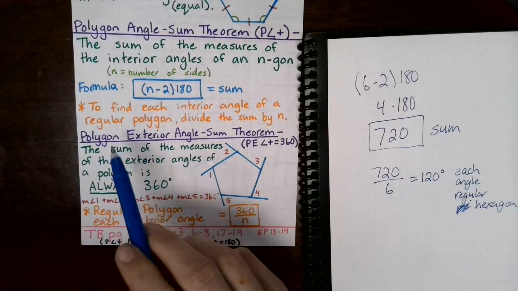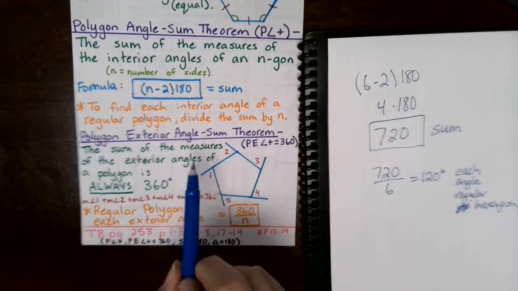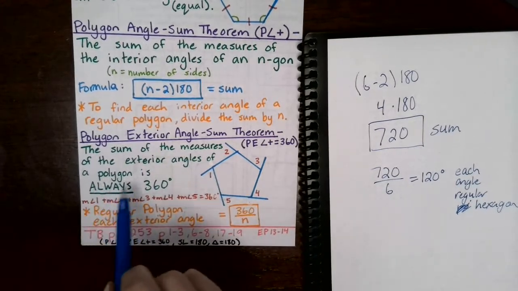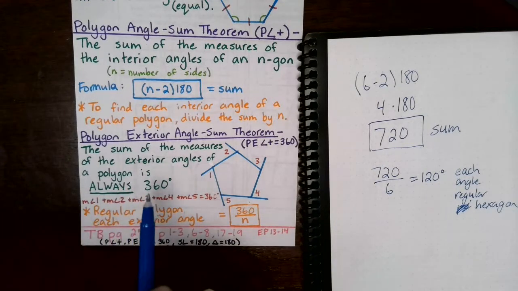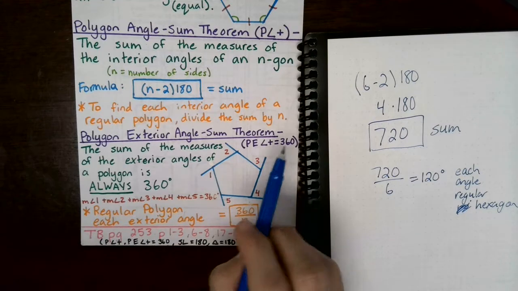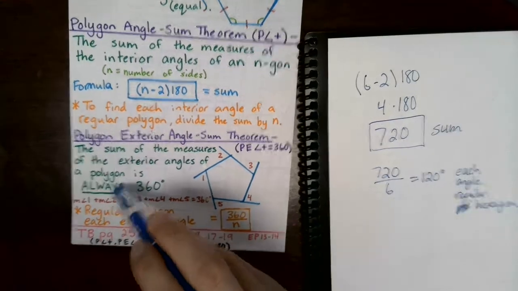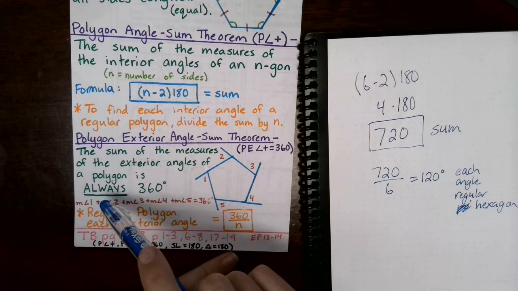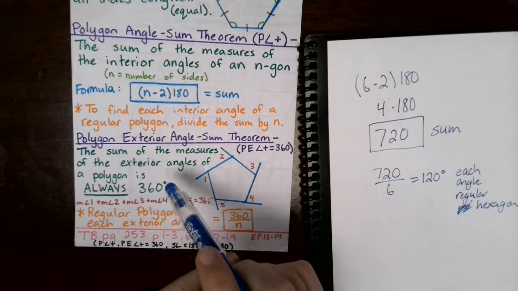The sum of the measures of the exterior angles of a polygon is always 360. No matter how many sides you have, it is always 360. Always means always, okay? It's not like sometimes it's not 360. No, it's always 360.